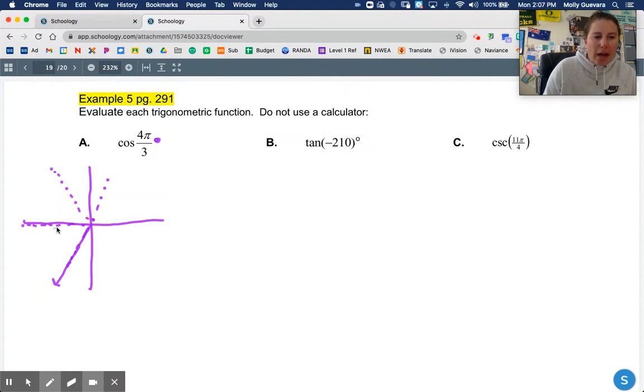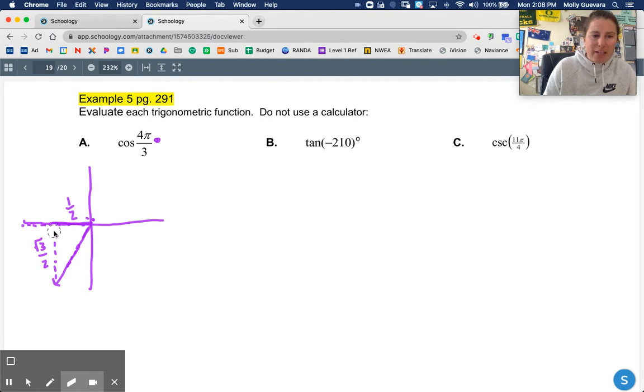Okay, now what helps me here, and still to this day it helps me personally, is if I were to draw the triangle, and I usually do this in my head, this x length is a lot shorter than my y length. So that tells me that the x is going to be 1/2 and the y is going to be root 3 over 2, because root 3 over 2 is bigger than 1/2.